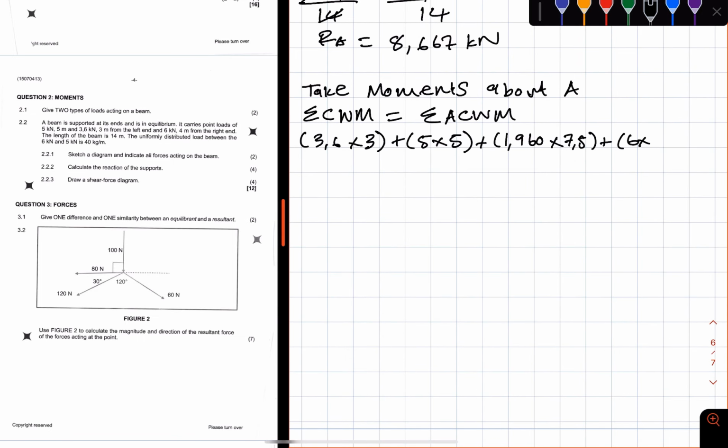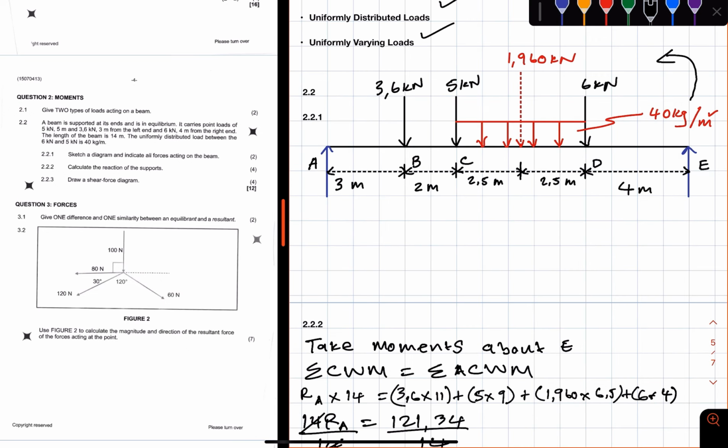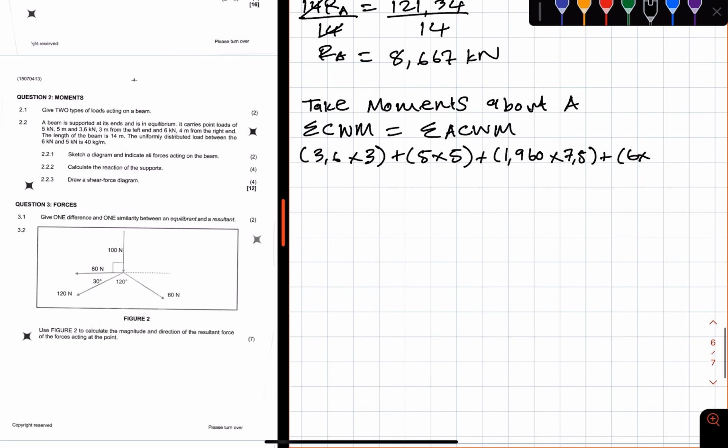So 6 kilonewtons times the perpendicular distance, which is what? 10. Right.